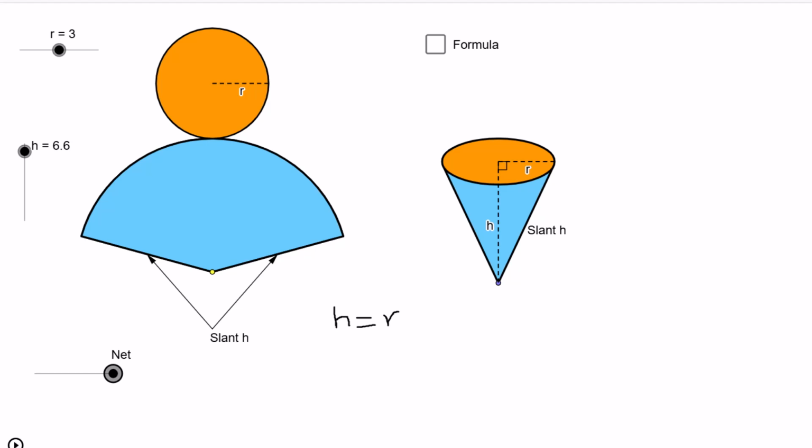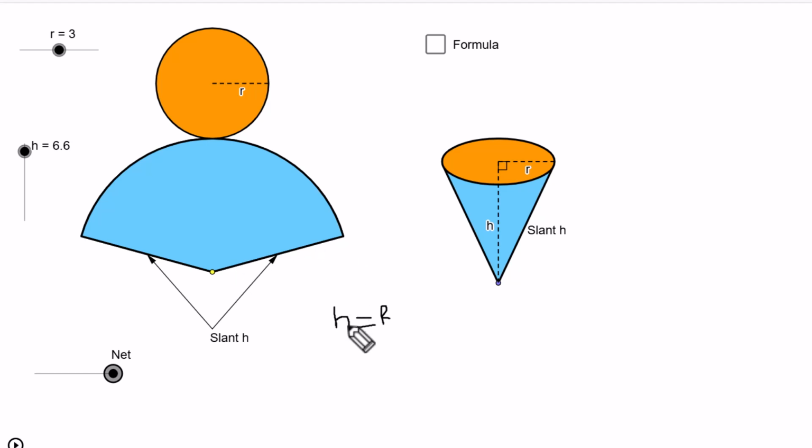Let me delete this so that we will not have confusion with the other radius, which is the base of the cone. So this h, which is the slant height of the cone, is the same thing as, let me use capital R, the radius of the sector.